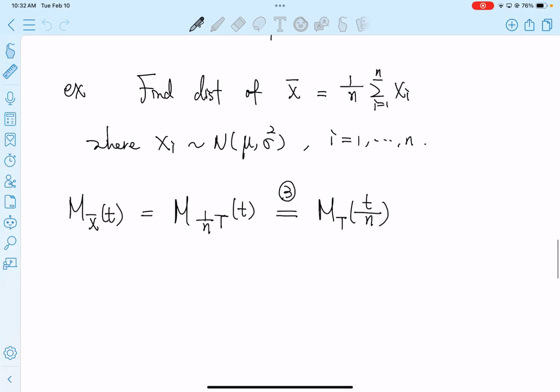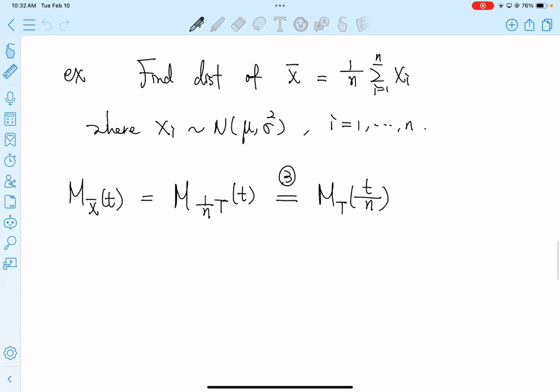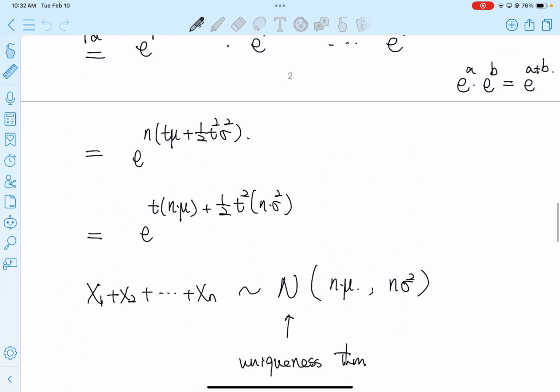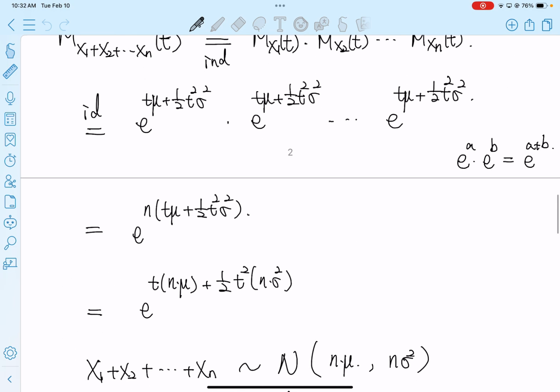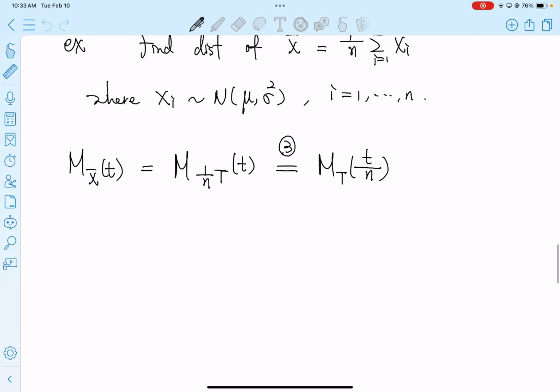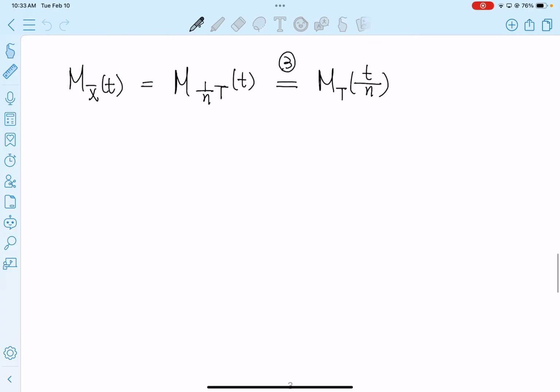And now we can just use the result that we derived above. In the previous example, we derived that the moment generating function for t takes this particular form. So we can directly reuse the formula that we derived from here.